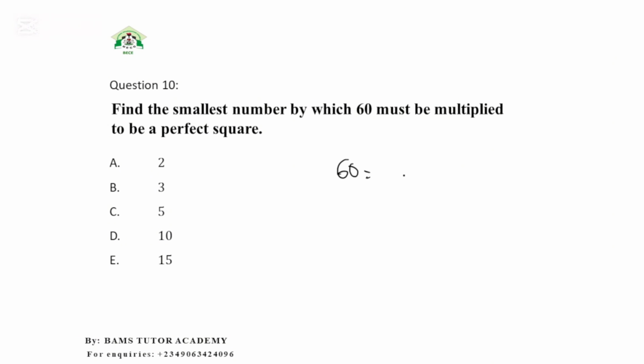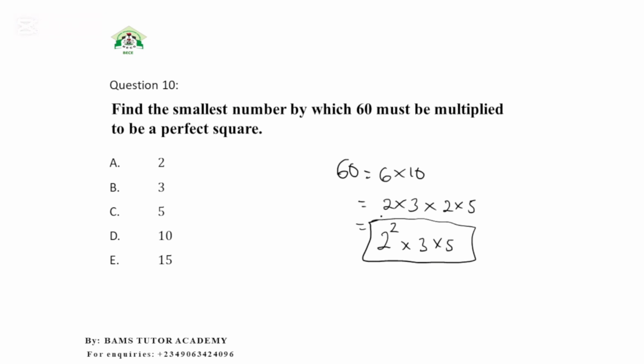So now 60, let's express it first. 60 is like writing 6 times 10, right? And 6 can also be 2 times 3. Then 10 is 2 times 5. So if I want to write it as a perfect square, 2 is appearing twice, and 3 and 5 once each. So what can I do to make this a perfect square? There has to be a square here and a square here. So what will I multiply? 2 raised to the power 2 times 3 times 5.